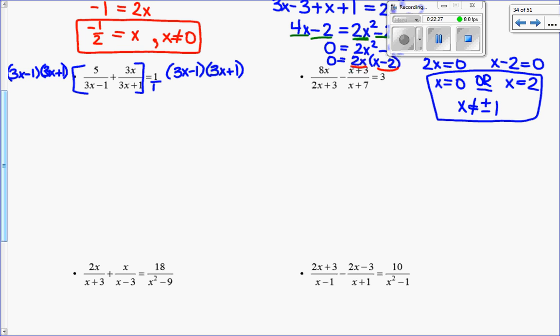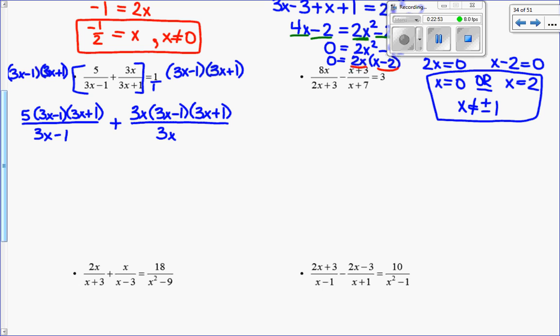Okay, when I do that, I have on this side 5 times 3x minus 1 times 3x plus 1 all over 3x minus 1. Plus, then I'm doing 3x times 3x minus 1 and 3x plus 1. And that's all over denominator of 3x plus 1. And that equals 1 times 3x minus 1 times 3x plus 1.